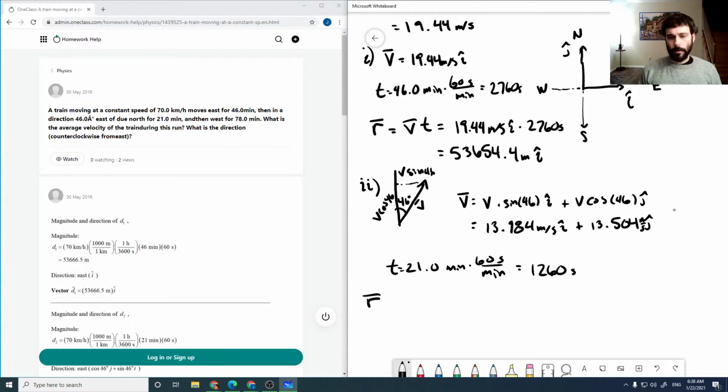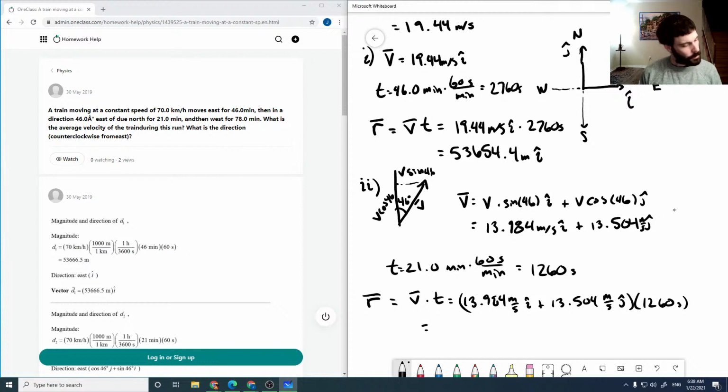And so then my displacement is my velocity times my time, which comes out to be, of course the seconds will cancel here, this distance in the i hat direction and this distance in the j hat direction.